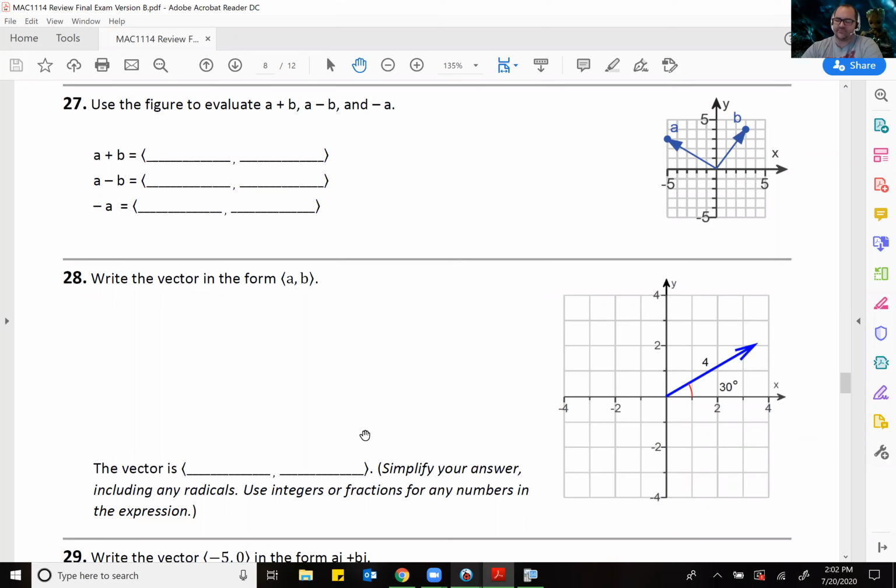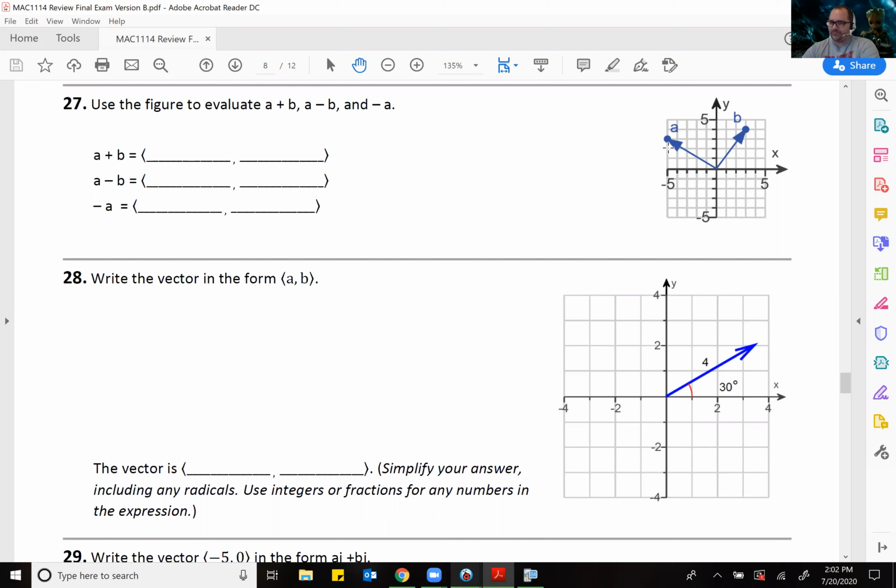And we got 3 problems here where they want us to figure out what A plus B is, A minus B, and the opposite vector of A. So out here, we're going to look at our picture and we're going to actually write down what our vectors are. So vector A is -5, that's the horizontal component, comma 3, that's the vertical component.